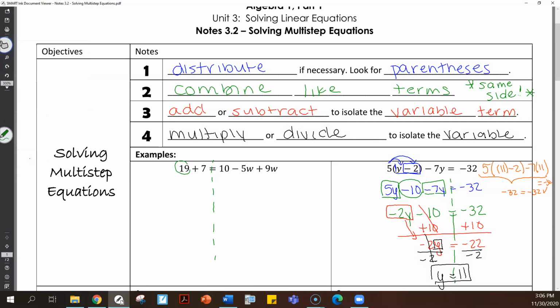So 19 and 7 are both regular old numbers, no variables there, so I can combine those by adding them together. 19 plus 7 is 26. On the other side, I've got a 10, a negative 5w, and a 9w. This negative 5w and this 9w are like terms, so I can combine those by adding the numbers in front. Negative 5 plus 9.